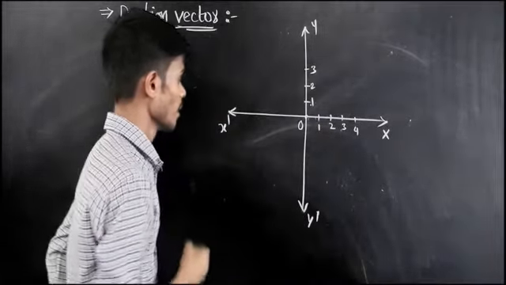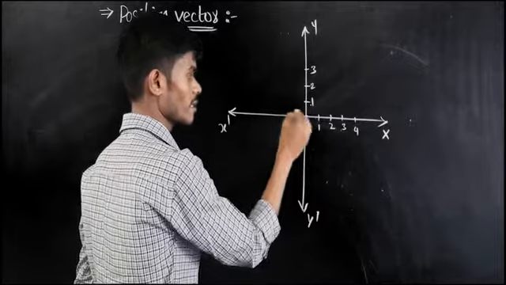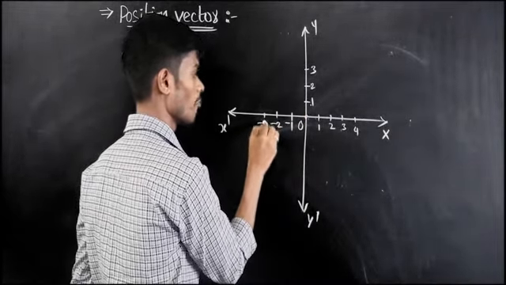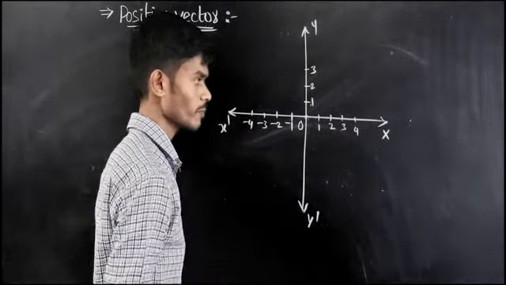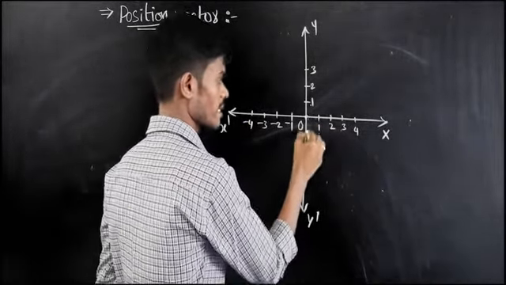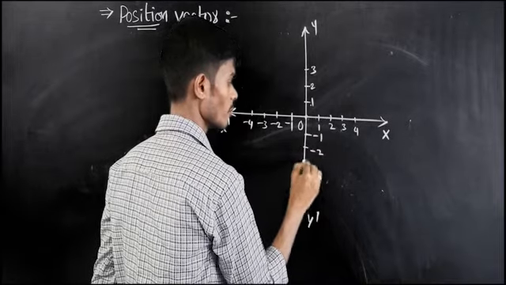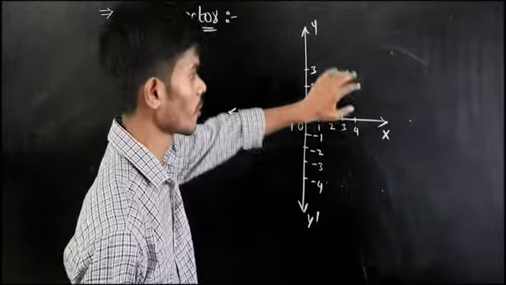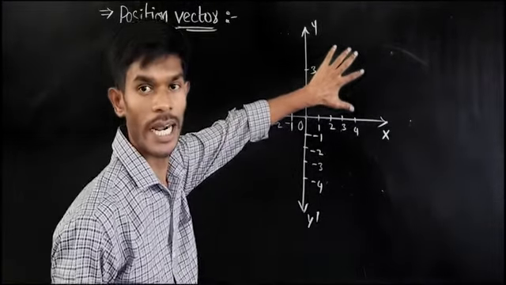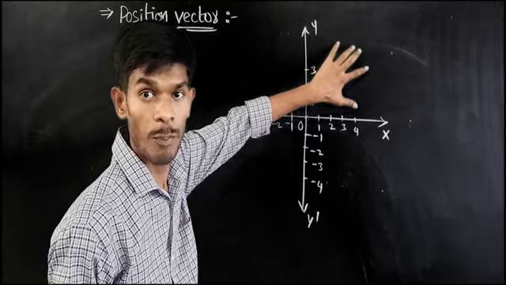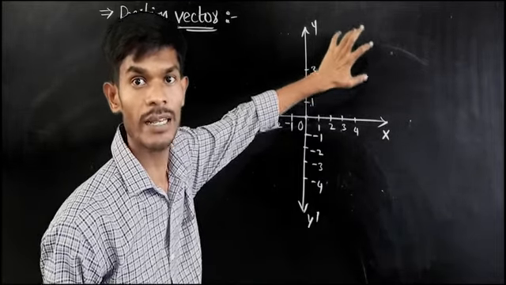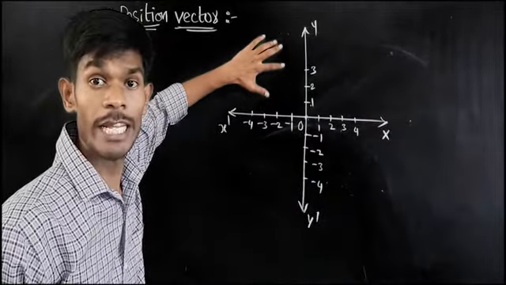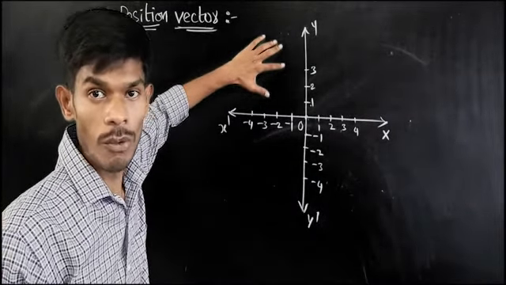On the horizontal x-axis, the left side of 0 will be -1, -2, -3, -4, and below the x-axis -1, -2, -3, -4. So in this particular quadrant there are a positive x component and a positive y component, and in the second, a negative x component and a positive y component.